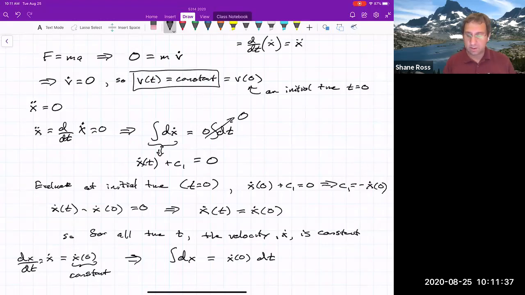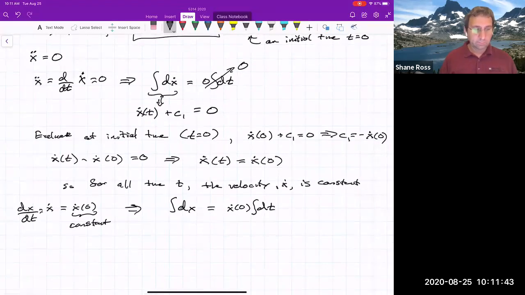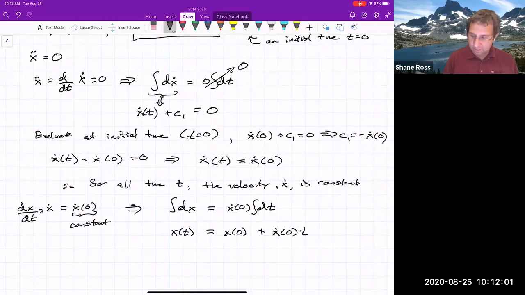Take the integral of both sides, and do the same thing where we'll evaluate for the constant of motion. And you'll get that x(t) equals x0 plus x dot 0 t.